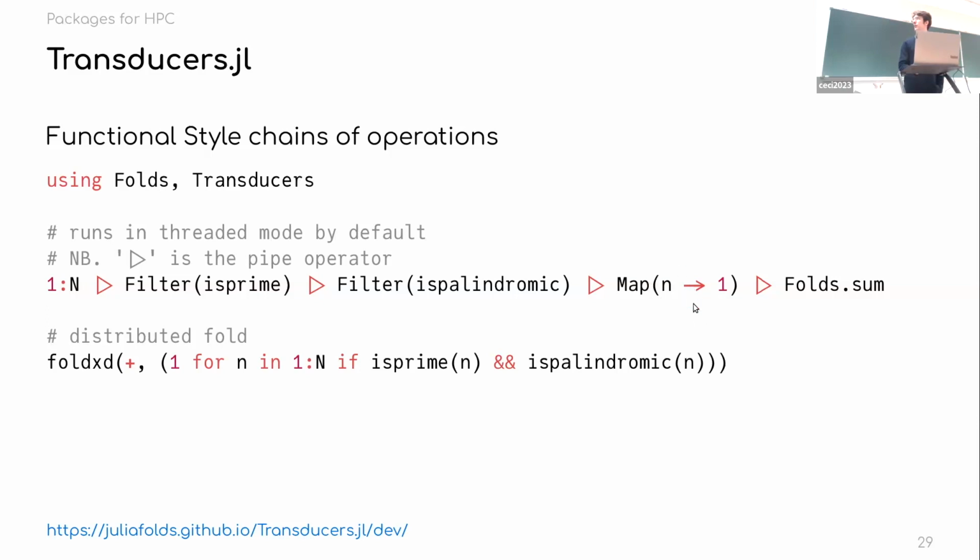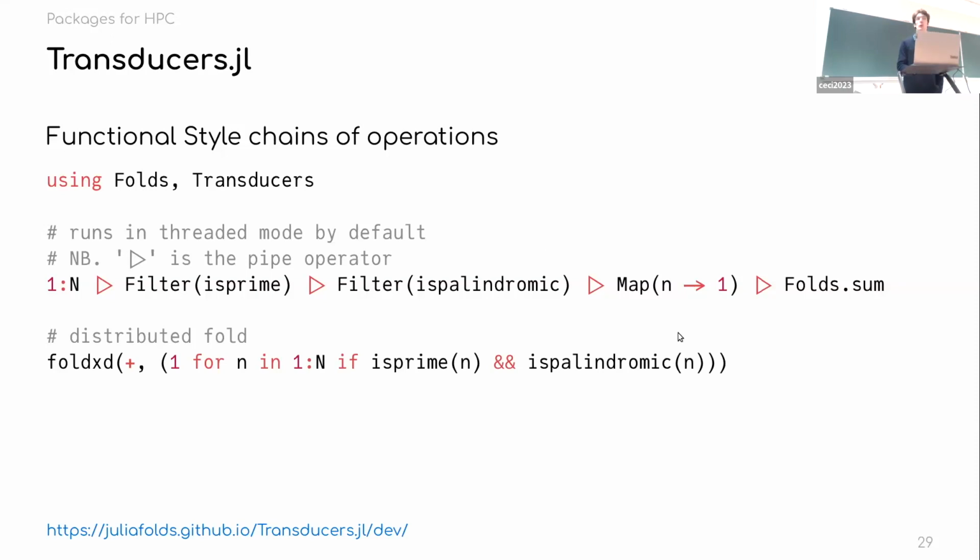This is a lambda expression where n is the parameter, and the arrow here is rendered a bit weird on my slide, but in Julia it's just dash greater than. So it maps each n into one, and then it takes the sum of that. So at the end, I get the count of all that's left after this.